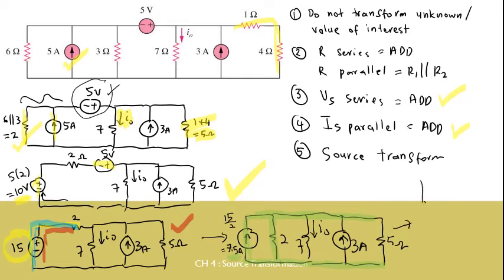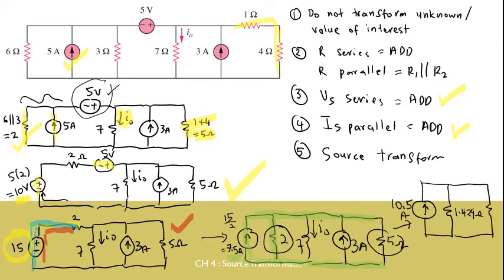So over here you will have a current source going up with 10.5 amps, and these 2 and 5 you can combine. Then what do you get here? 1.429 ohms.